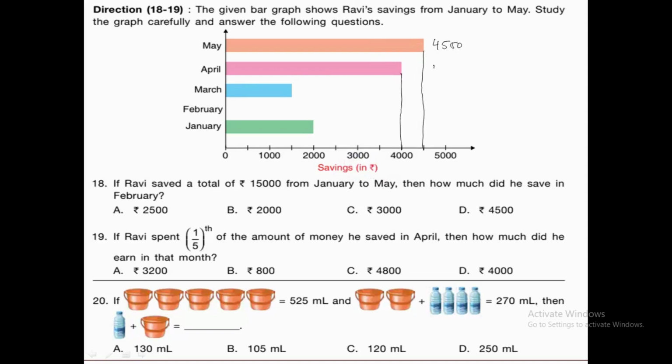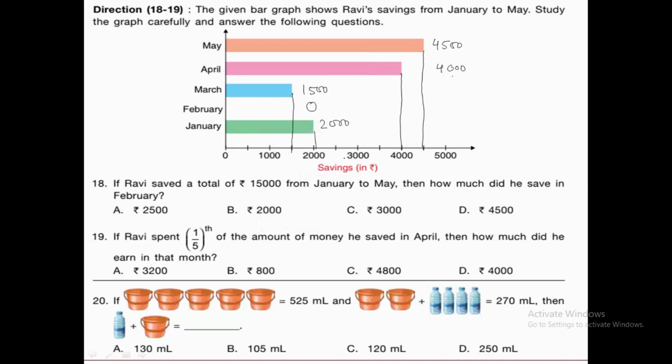Okay, so let's write it over here. Now in the month of March, the savings are 1,500. Now in the month of February, the savings are 0. In the month of January, the savings are 2,000.